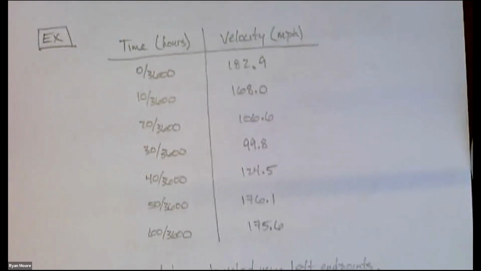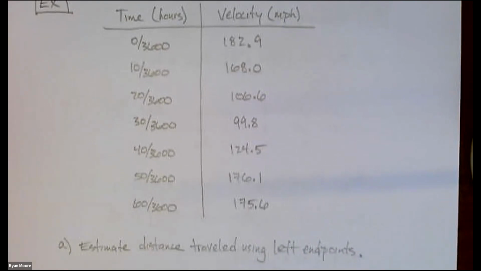Here's that table again, time and velocity. Part A, estimate the distance traveled using left endpoints. Here's what we're going to do. How does this table connect with the Riemann sum? Think of it on an XY plane.